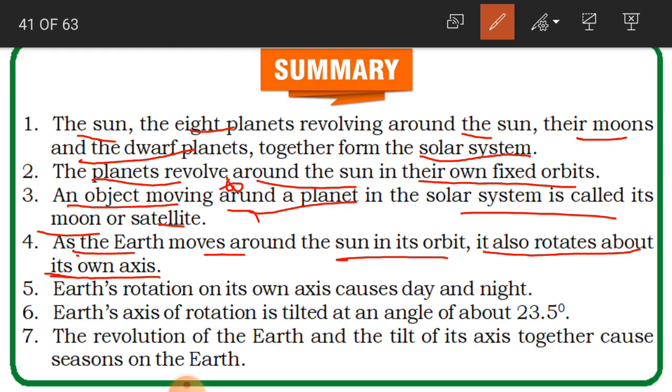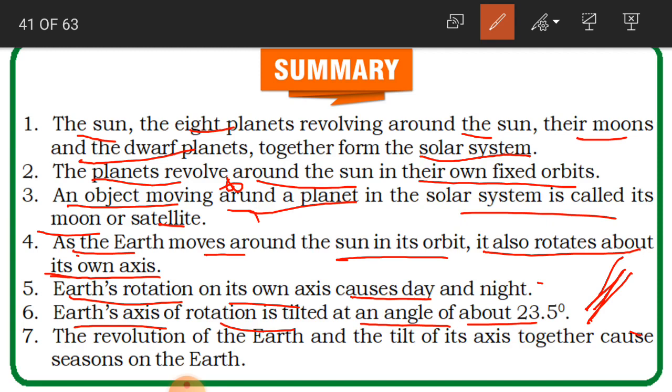Clear, children? Yes. So the earth's rotation on its own axis causes day and night. This is for 24 hours, which causes day and night. Okay, and the earth's axis of rotation is tilted at an angle of about 23.5 degrees. So the earth's axis of rotation is tilted, and the angle of this tilted position of the axis is about 23.5 degrees.